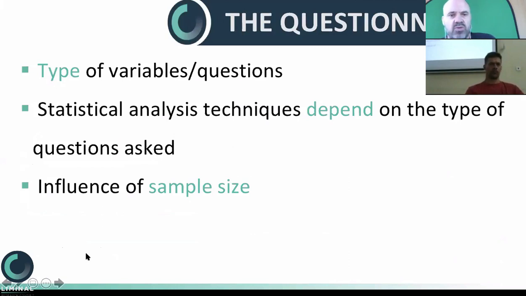Then the types of questions in the questionnaire. You'll get different types of questionnaire variables that will influence the statistical analysis. We'll look at that later. Then the statistical analysis techniques depend on the type of question that you ask. And then sample size is also important. We'll talk about that later.